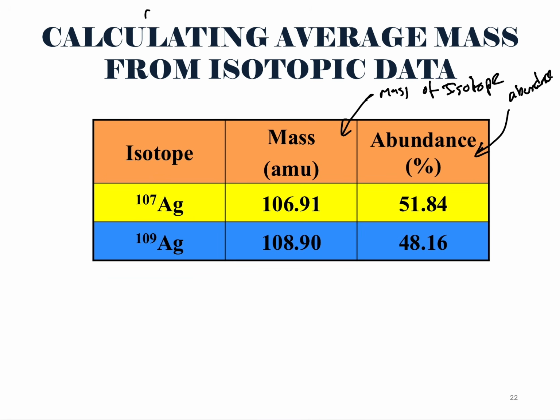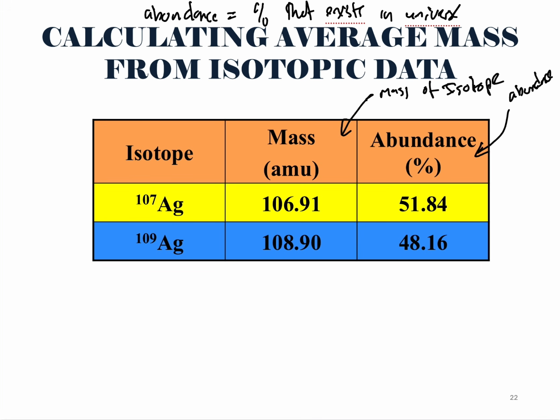And we can think of abundance as the percentage that exists in the universe. And so this abundance, how would we get the average mass for these elements? Like what would we actually see on the periodic table?